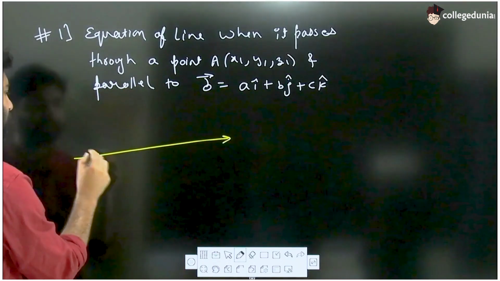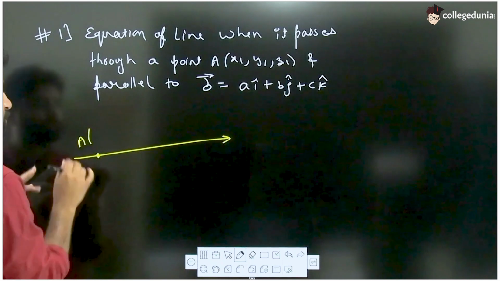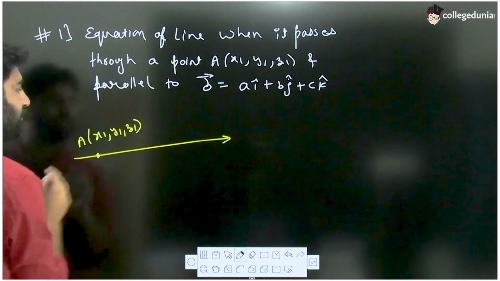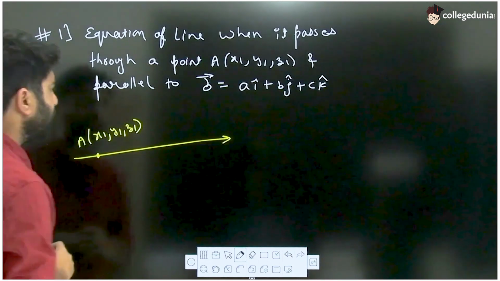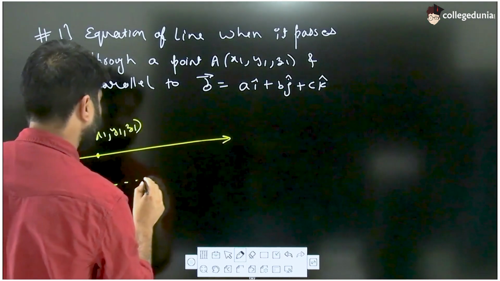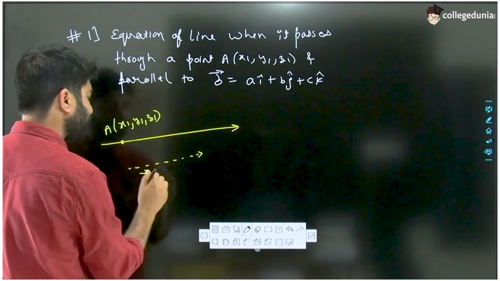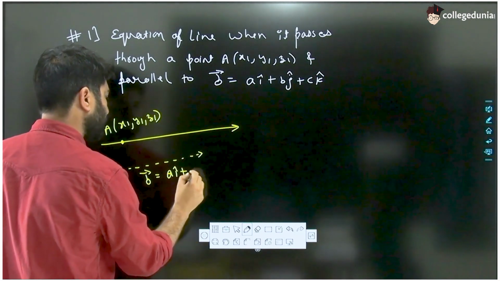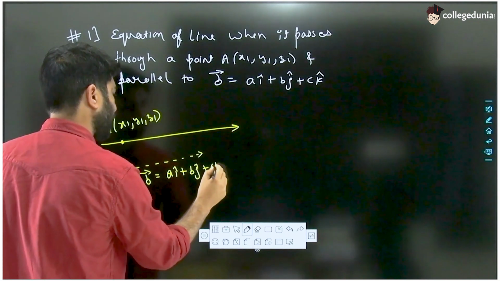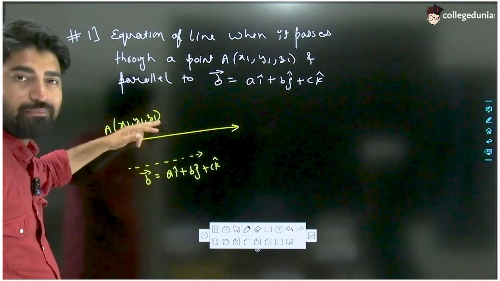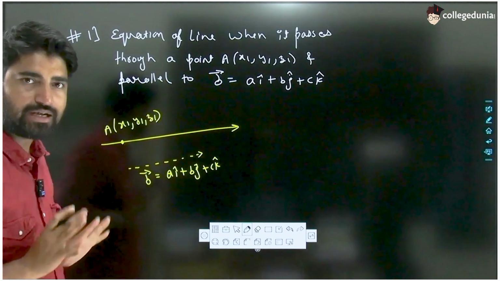Let's say there is a straight line which is passing through the point A, and the coordinates of A are x1, y1 and z1, right? And this line is parallel to a vector B, whose direction ratios are a, b and c. This line and this vector, they both have the same direction. They both are moving in the same direction, okay?